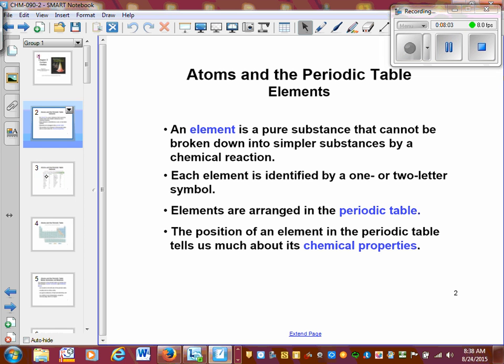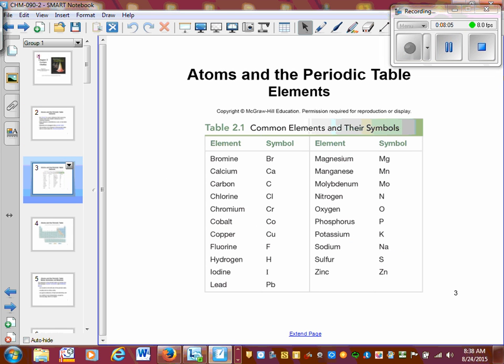Here are some common elements and their symbols. If it's a 2-letter symbol, the first letter is always capitalized. The second letter is always lowercase. 1-letter symbol, it's always capitalized. So you probably know a lot of these. Bromine's Br, carbon is C, chlorine is Cl.